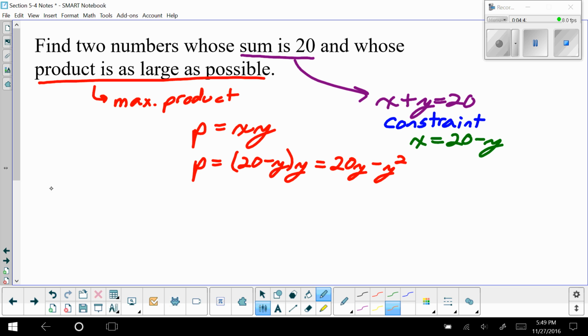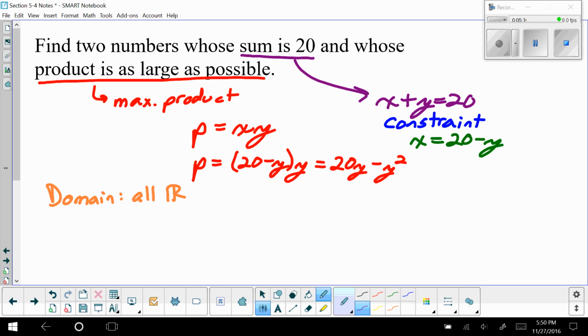In terms of my domain, I'm not really told anything about x and y. I'm just told that they're numbers, so they could be any real numbers. I'm pretty sure they're both going to be positive, but that's not guaranteed. There's nothing here that says it has to be that way, because I could say 21 and -1 would add up to 20. I doubt that's my largest product, but it's still a possibility.